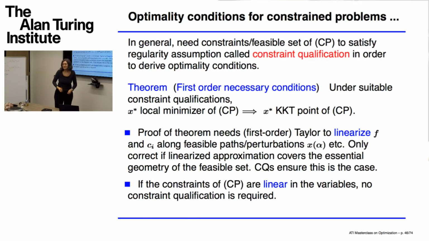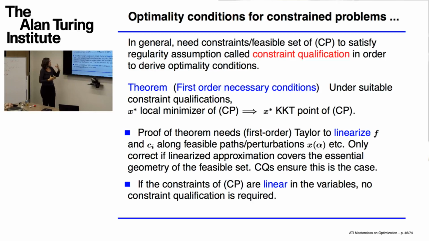So what can we say? Can we say that any local minimizer is a KKT point? Is this a necessary optimality condition? Not all the time. Because this is a first order characterization, and it implies that you can linearize constraints, and that a linearization of the constraint set gives you a good approximation of your feasible set. That's not always true, because these sets can be very complicated if the underlying functions are nonlinear.